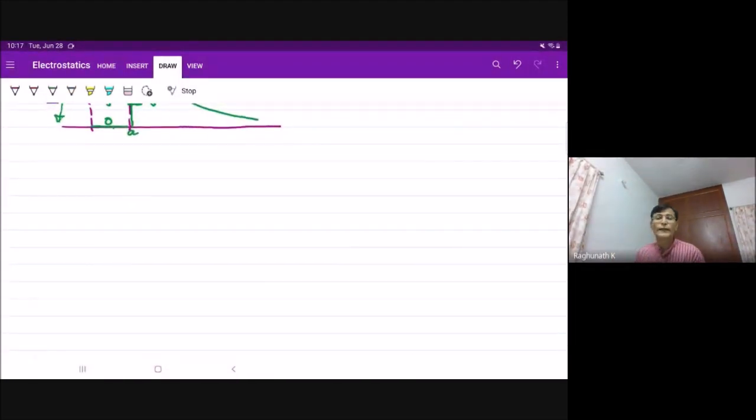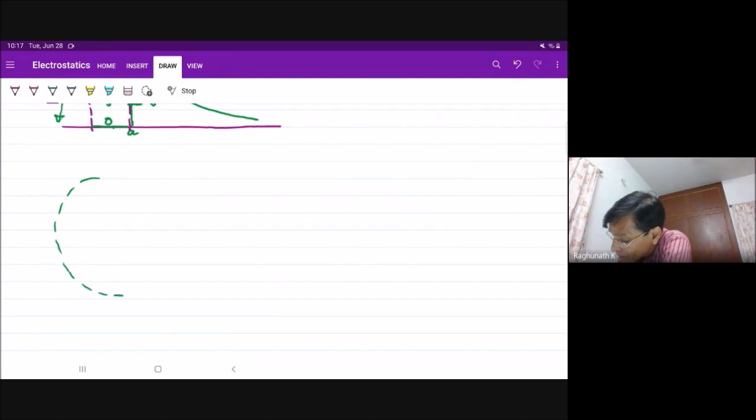One more application. Some more I will talk about when we talk about capacitances and all. Spherical surface of radius a, spherical surface of radius b.